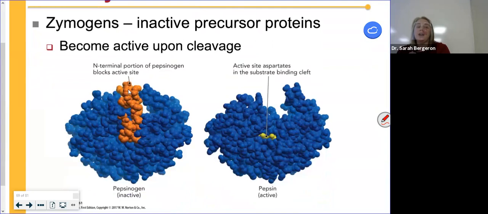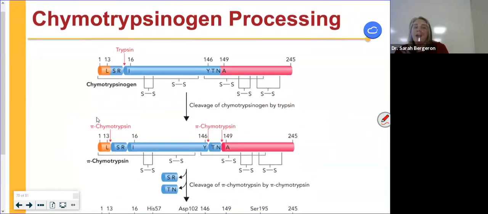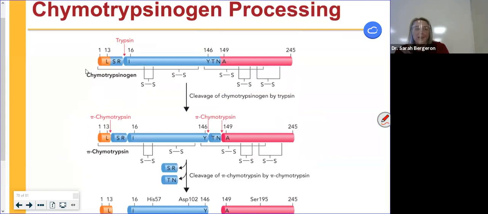A lot of times the little piece that needs to be cleaved off actually blocks the binding site. That's one of the reasons why the enzyme is no longer active, because the substrate cannot bind inside of the active site. I'll show you a little animation that's really cool with that. If you look at the entire zymogen, this is chymotrypsinogen, because it's a zymogen.